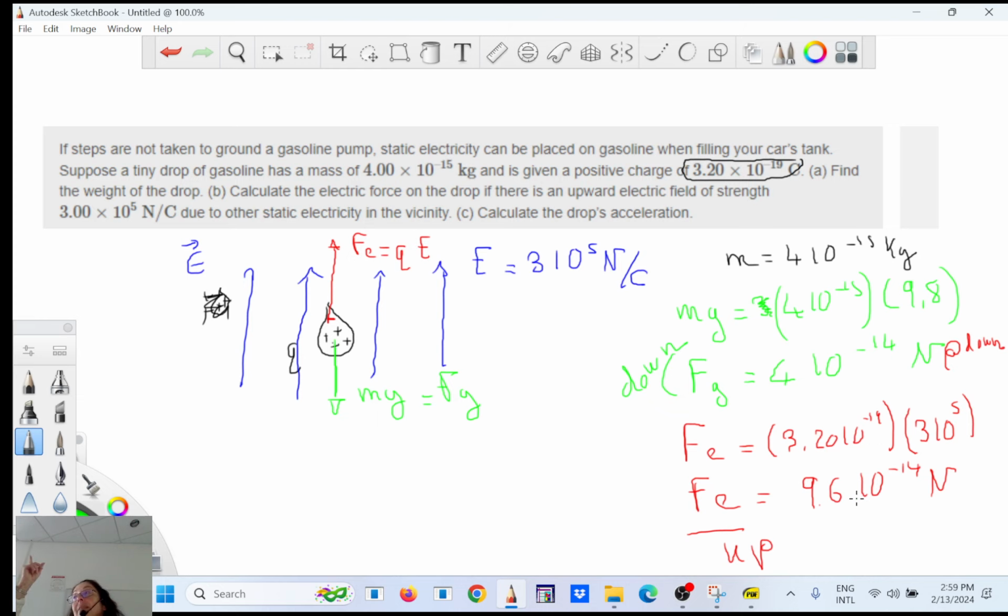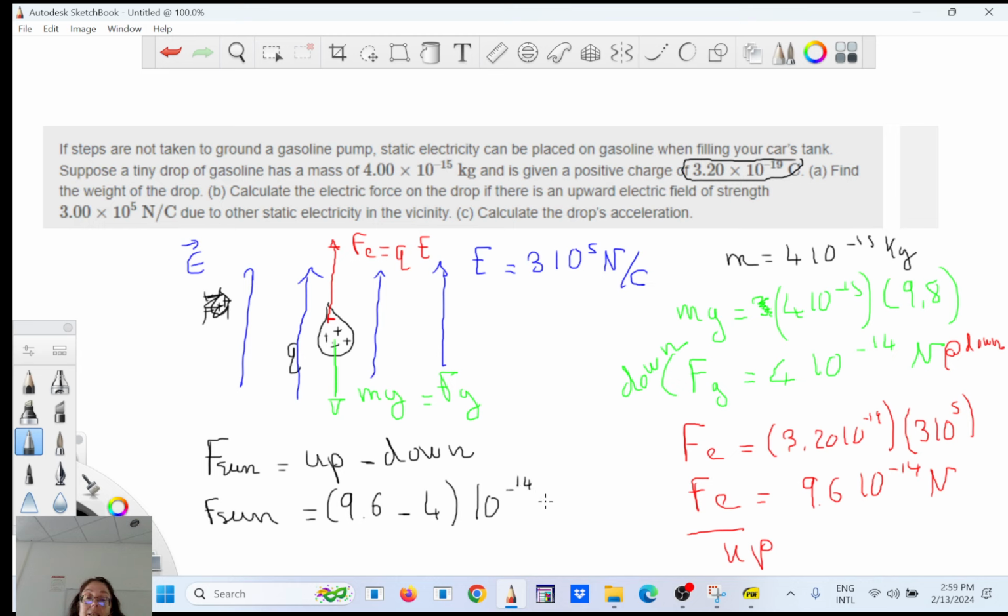The 9.6, right? So remember from physics 101 or physics 1, the sum of the forces will be the winner, which is up, minus the loser, which is down. So the equivalent force will be, and you can factor out, 9.6 minus 4, and I factor out the 10 to the negative 14.